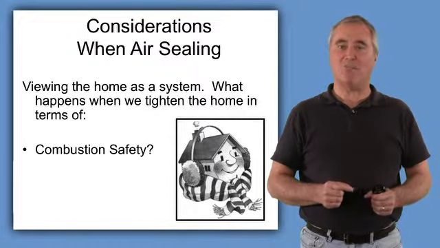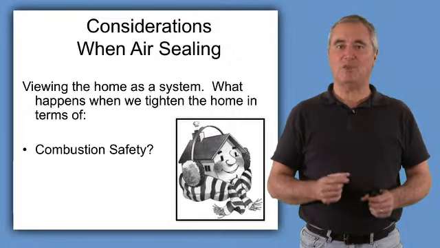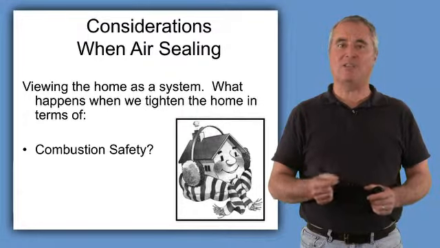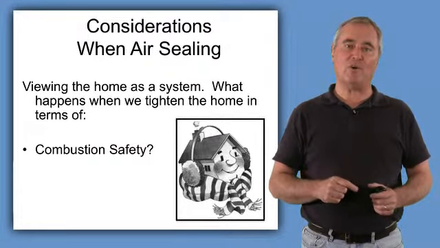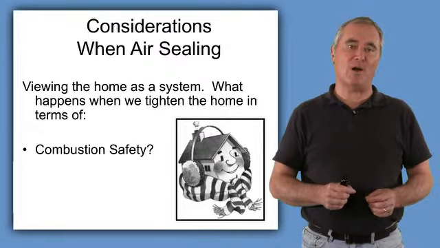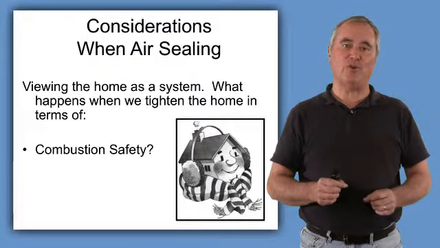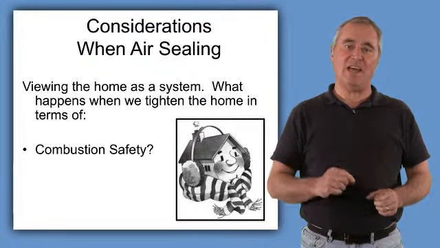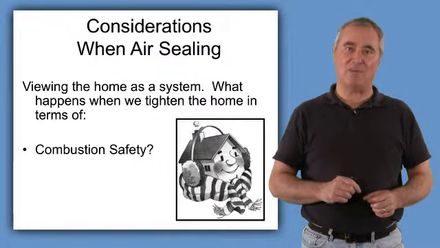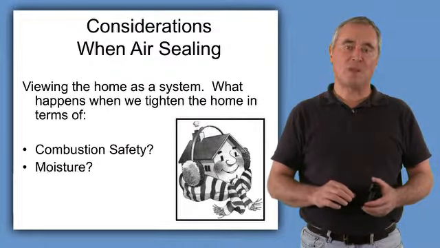So there's more of a competition for air between bathroom exhaust fans, kitchen range exhaust, and that competition may cause an atmospherically vented water heater located inside the house to backdraft, spilling its combustion byproducts inside the house. So as we air seal, we need to, before we begin and after we finish, assure that we haven't negatively impacted combustion safety.